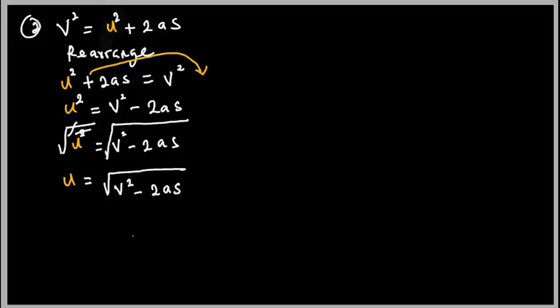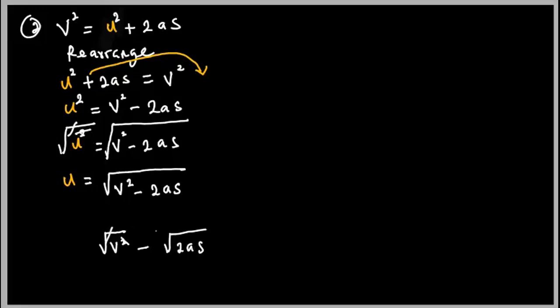Now, don't be tempted to split this, because some of you would want to split this by saying that the answer is the square root of V squared minus the square root of 2AS, and then you tell me that the square will cancel the square root. Please don't try it.